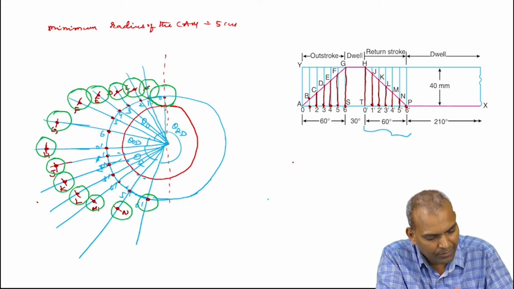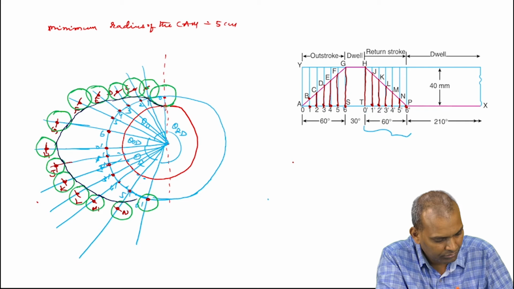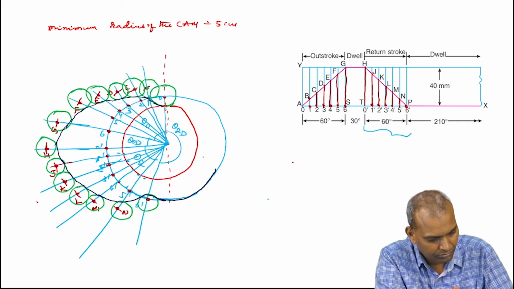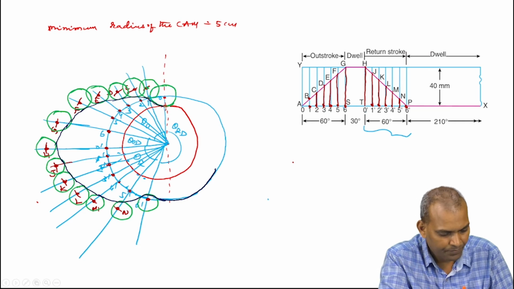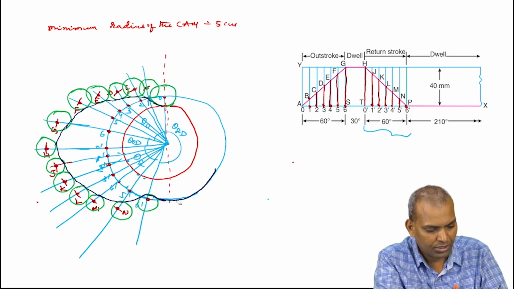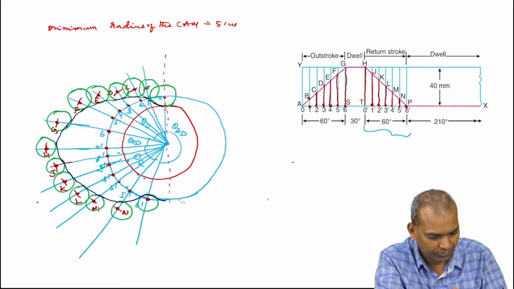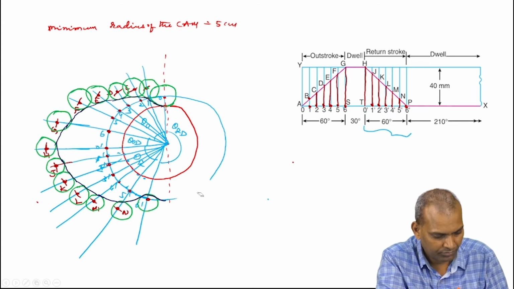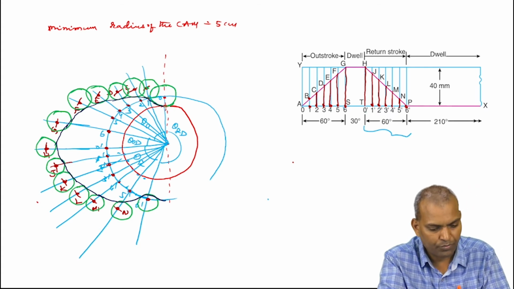Now I am joining the surfaces of the rollers. This is the cam profile.